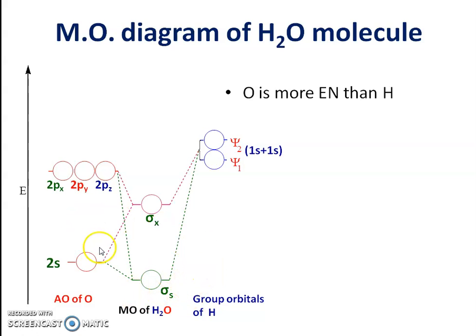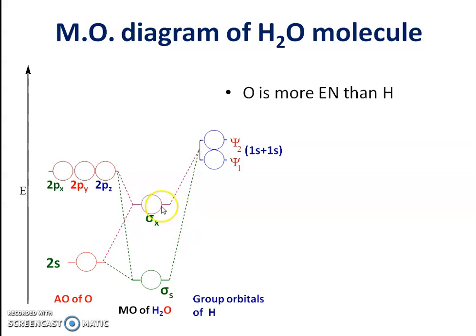Similarly, the 2s atomic orbital and 2px atomic orbital of oxygen combine with psi 1 group orbital of peripheral hydrogen atoms, and there is a formation of another bonding orbital, that is sigma x.